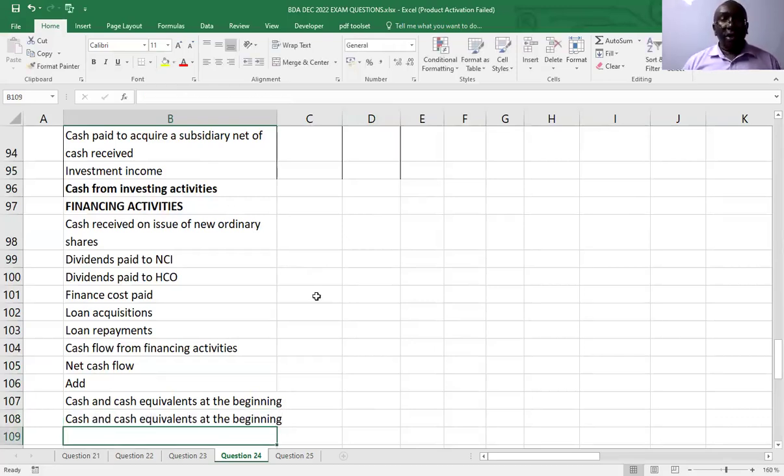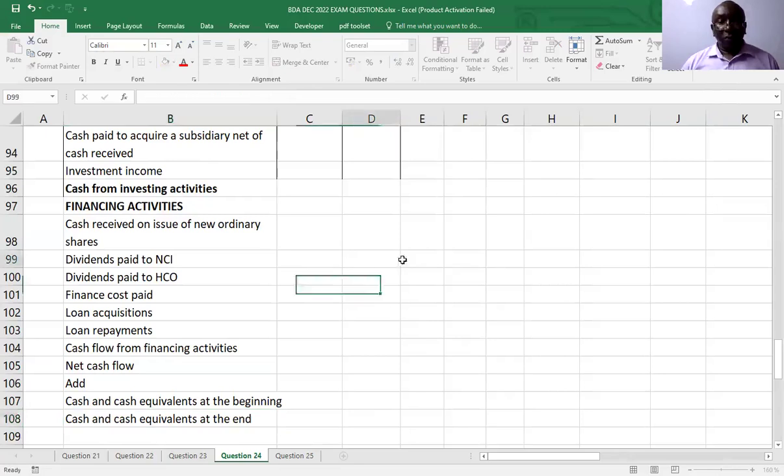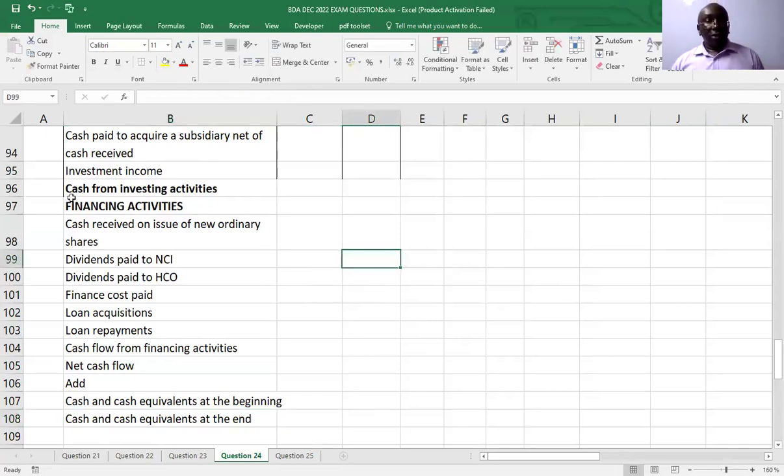So this one I can just come here and modify, at the end. Good.